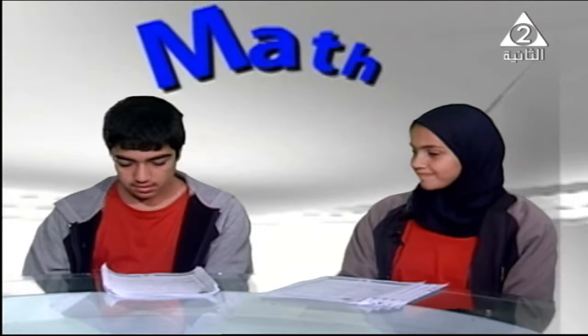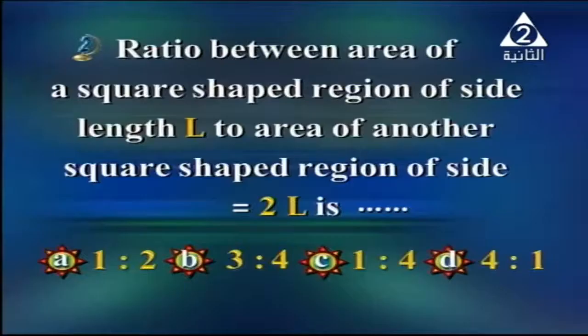Excellent Yusuf. The areas of two squares with side lengths L and 2L are L squared to 4L squared. By dividing by L squared, the ratio between the areas of the two squares is 1 to 4. Another question.